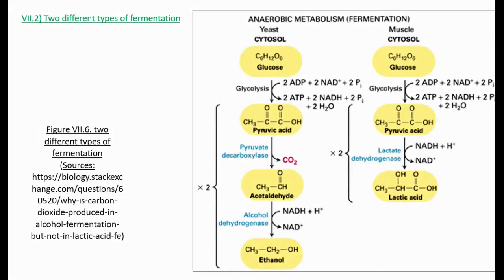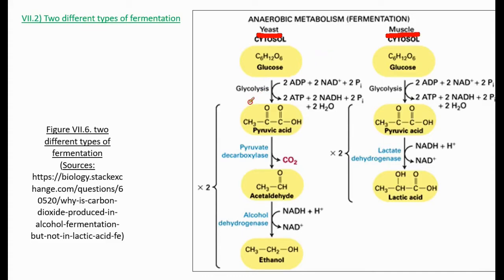We're just going to state the key things. One can, for example, be done by yeast. The other one can, for example, occur in human muscles. But there are other examples of organs and organisms which will do certain types of fermentation.